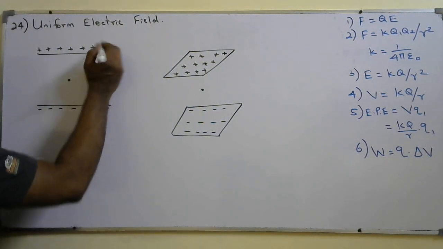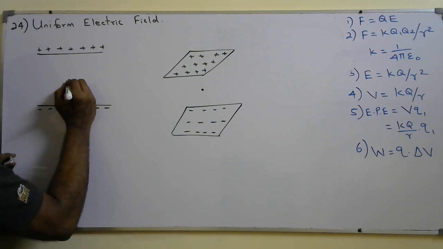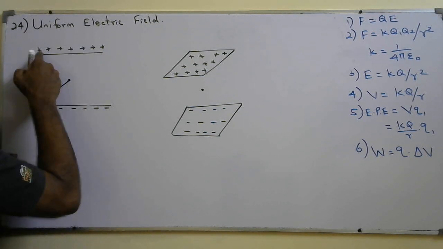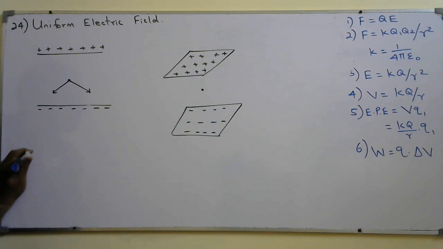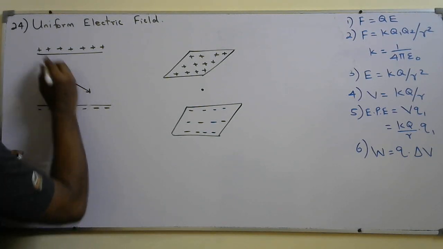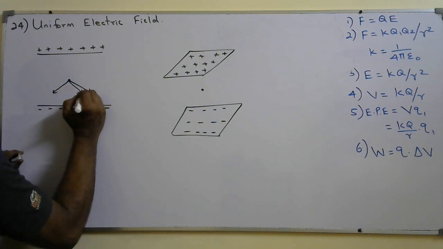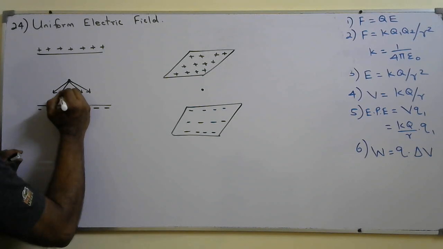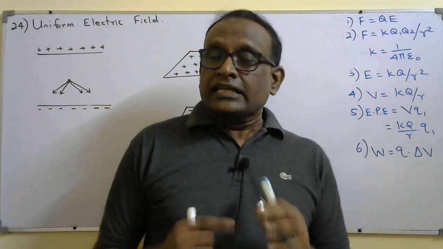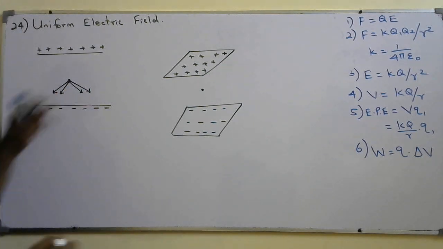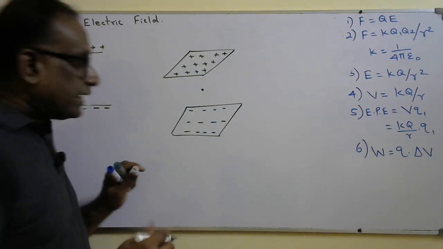For example, if this charge exerts an electrostatic force in this direction, symmetrically this charge also will exert the same magnitude of electrostatic force. If this charge exerts electrostatic force this way, then this charge will exert electrostatic force this way. So in 3 dimensions, the electrostatic forces acting on the positive test charge will be like a cone.